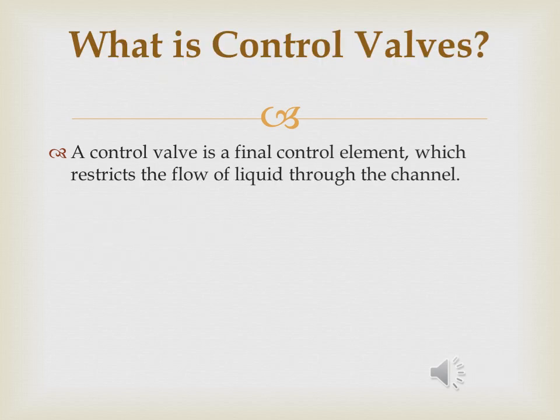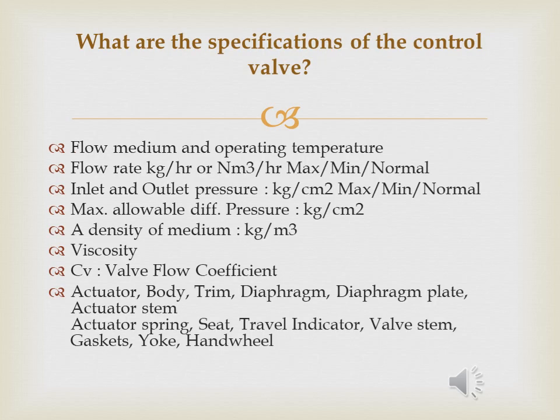What is a control valve? A control valve is a final control element, which restricts the flow of liquid through the channel. What are the specifications of the control valve?